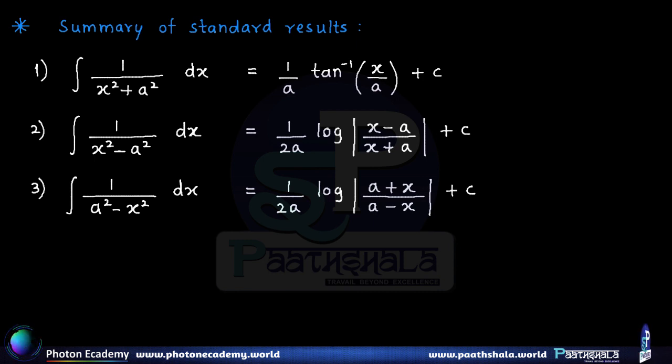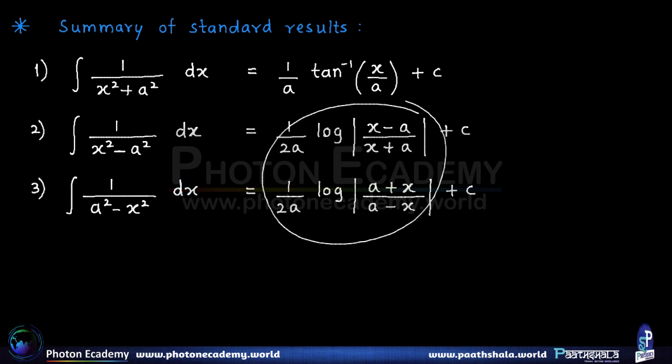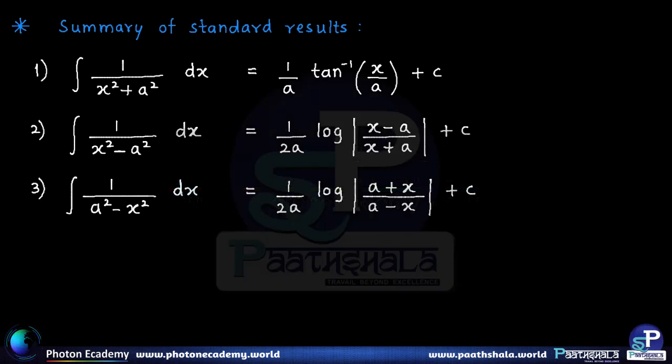And lastly, if we switch the order in the denominator as compared to the second integral, it becomes 1 upon a square minus x square. Then its integral is 1 upon 2a log of a plus x upon a minus x. So you see, these two integrals are almost similar to each other, so they are not difficult to remember.